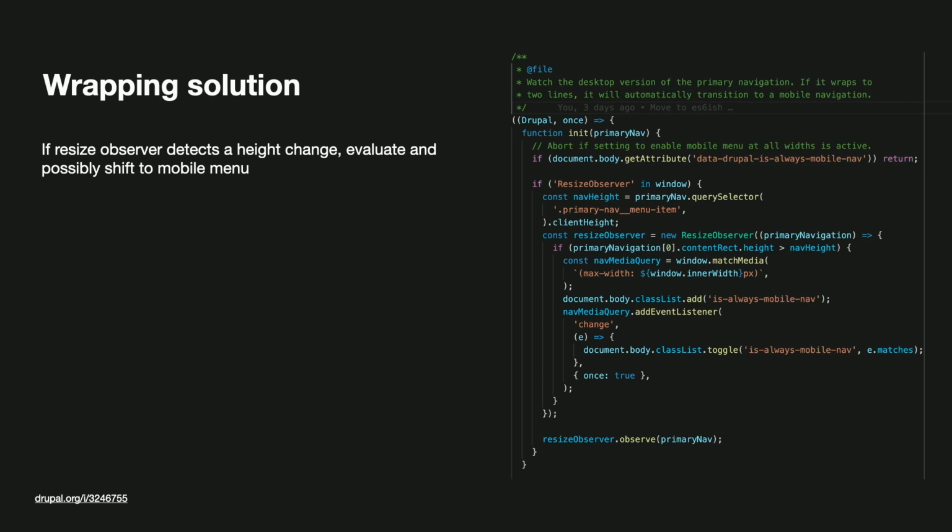So we know to add that CSS class and transition it. But we also need to know if we make it big again, so we remember the screen width at that point, and then we set a media query event listener, and if we get larger than that, we transition back.